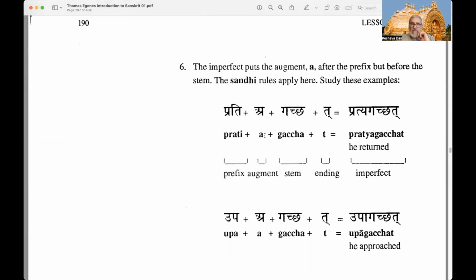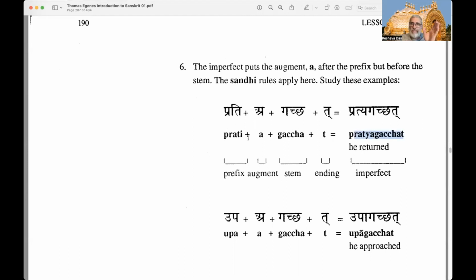Study these examples. Prati is an upasarga, a prefix we just learned. So prati plus a plus gach plus the ending ta, the third person singular ending of the imperfect tense.